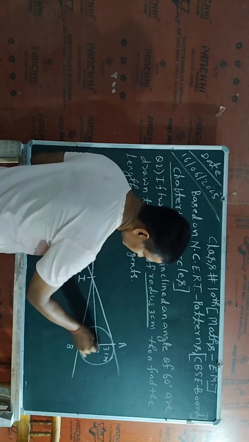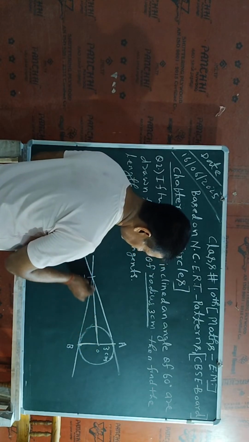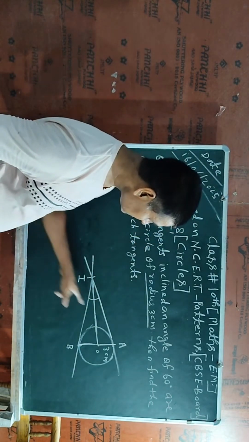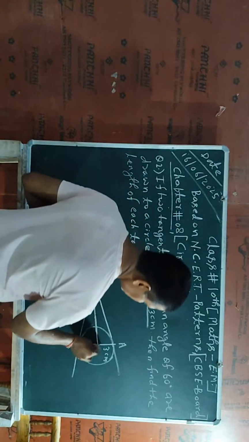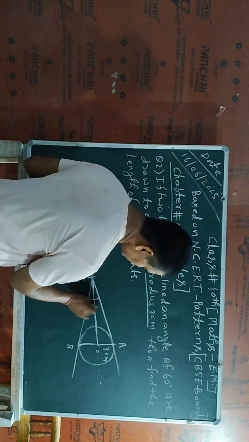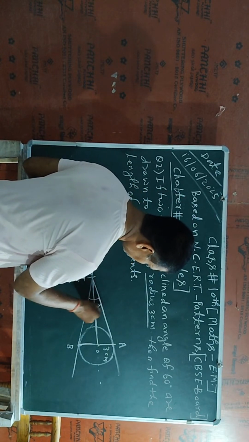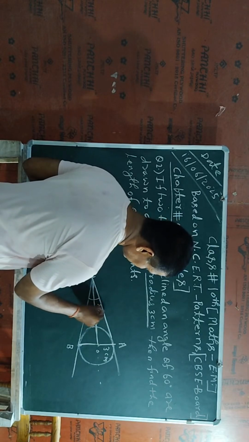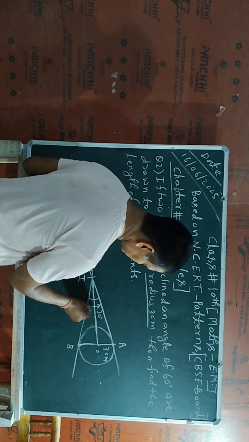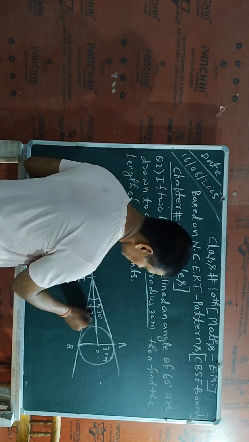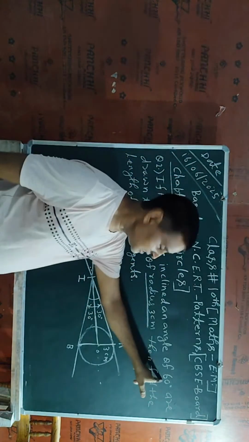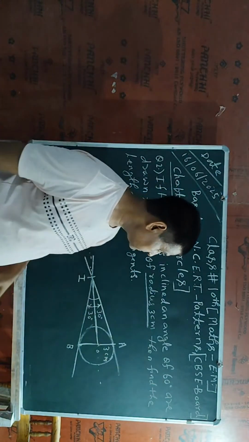So I will say this line will be the bisector. From this line to this line, this will be 30 degrees, and from this line to this line this will also be 30 degrees. Now the total angle is 60 degrees, given in the question.